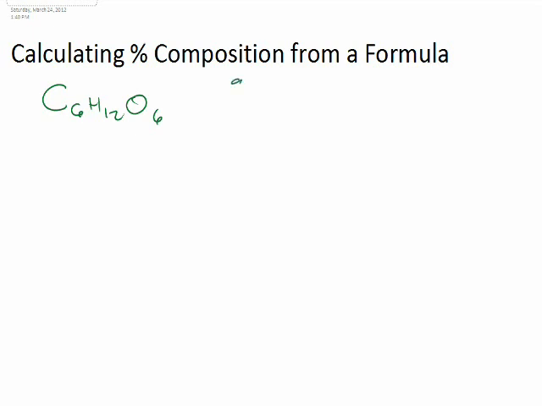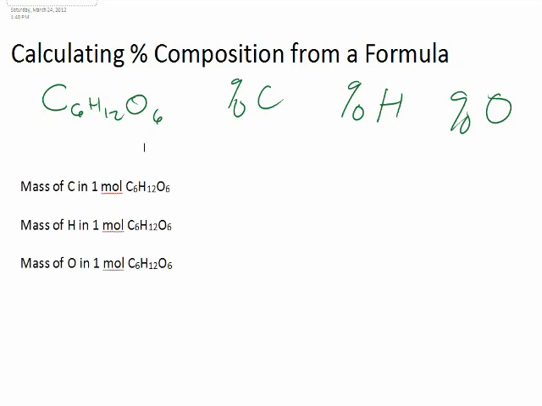Now this actually is also using the mole, quite straightforward really. So what we're going to do is find these percentages as if we had 1 mole of glucose, C6H12O6. So in 1 mole of glucose, we can find the percentages.